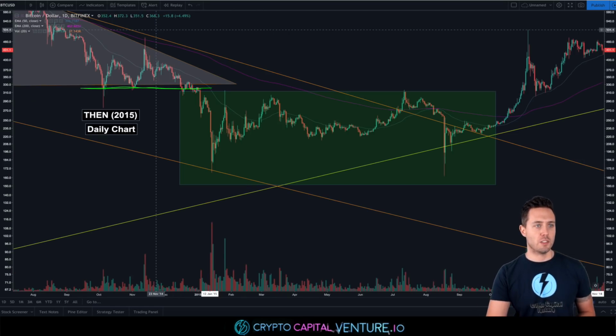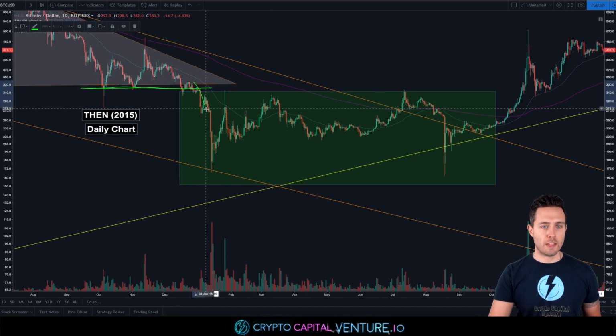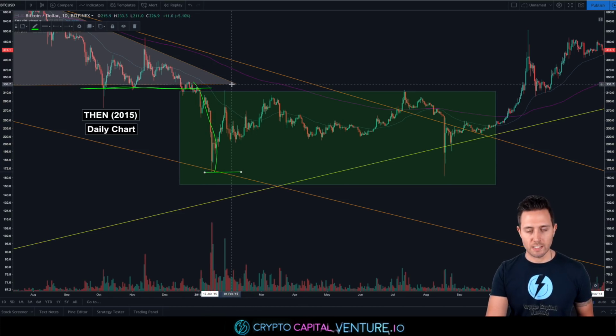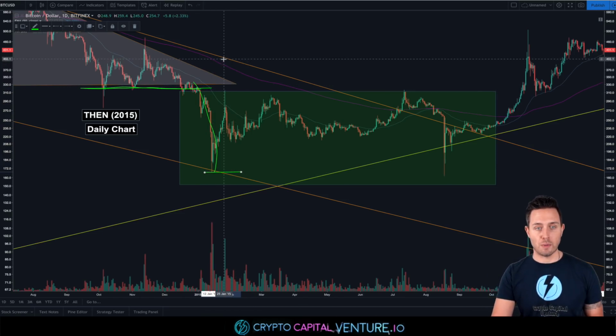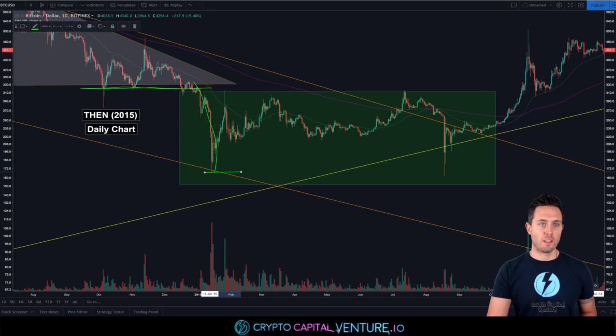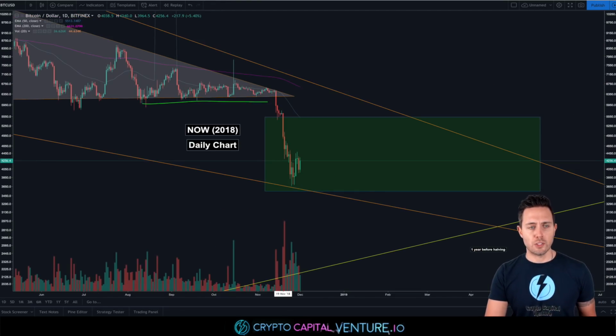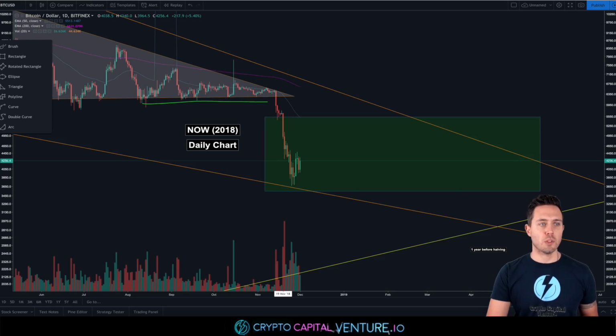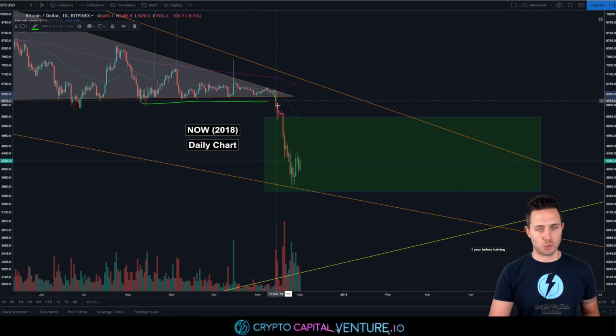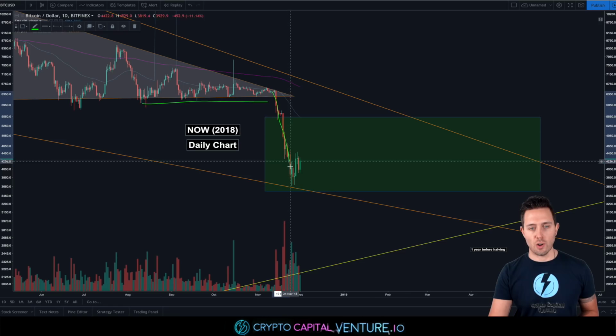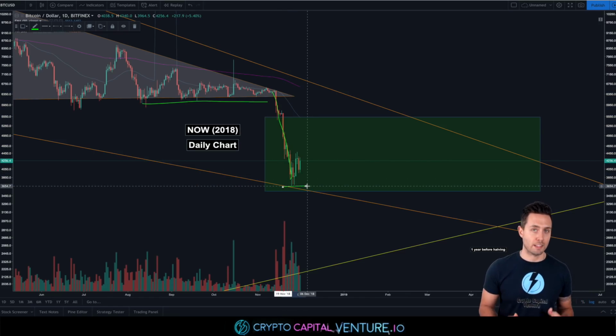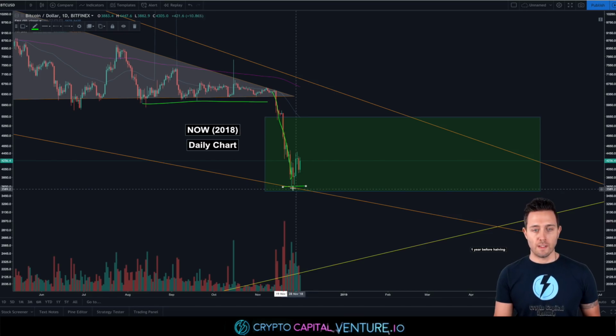This is really what I wanted to do in this video. So we fell through the bottom of that support, and we touched its first touch, right, for Bitcoin at the bottom of this trend. Now going into 2018, we have a very similar move right down through crucial support at 6,000 and all the way down, and we touched, and for at least a short term, as we know right now, for the last week, we have formed a short term bottom, right?